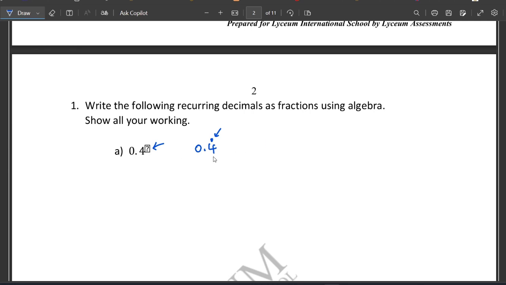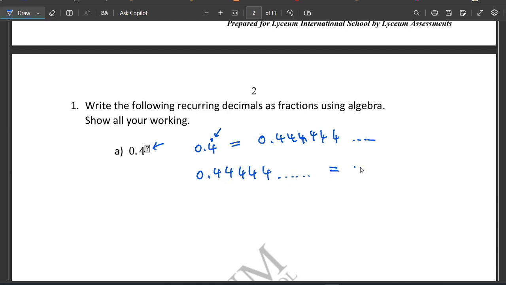So if we have only one recurring number, this means 0.444444 and repeating till infinity. So when we have only one recurring number, we take sum of the numbers. Let's take 5.